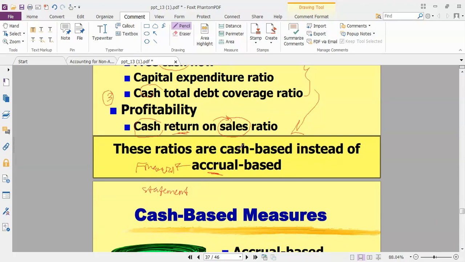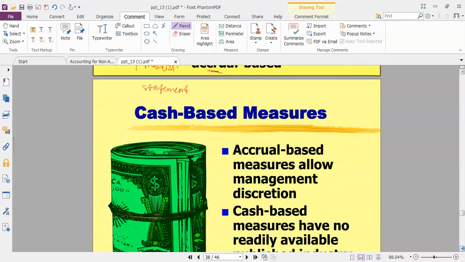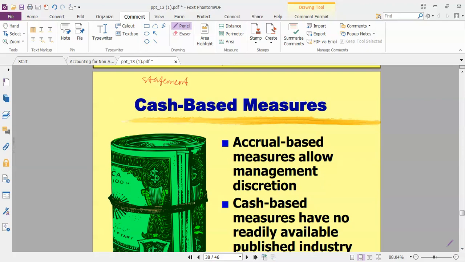For the statement of cash flow, we prepare it using cash base. So you must understand two things in accounting. So let's look at what is the cash-based measure.